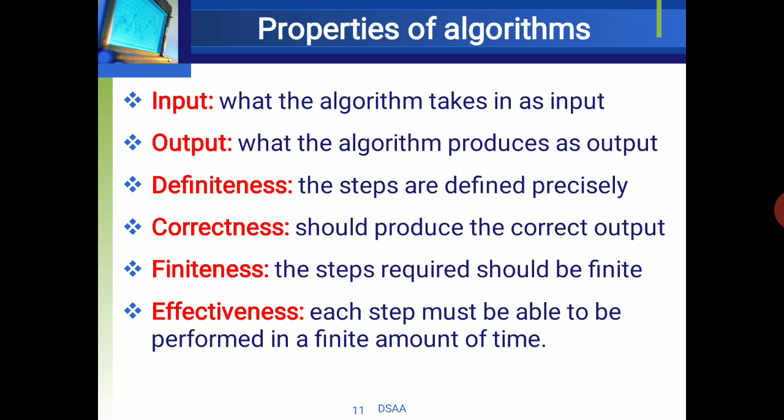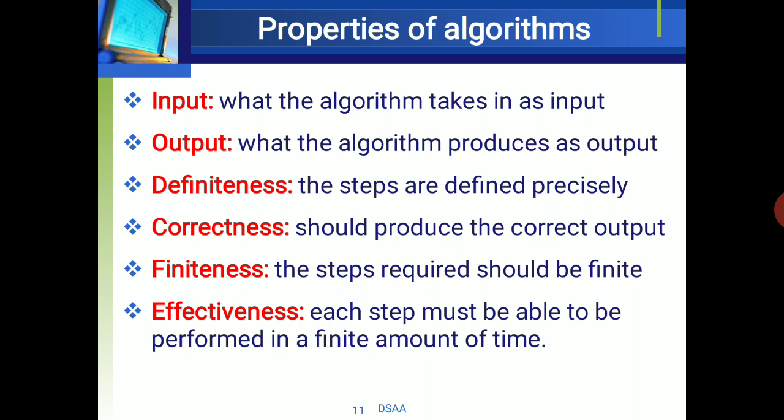If you only want to display some messages, there is no need of input. Your algorithm will work fine with 0 or more inputs. And now coming to the output, what your algorithm produces is your output. Each and every algorithm must contain at least one output; that is mandatory.